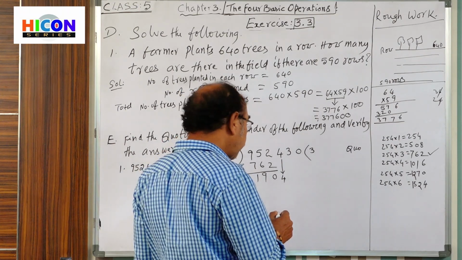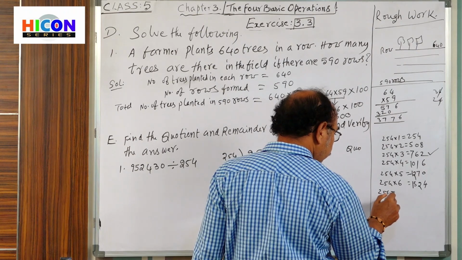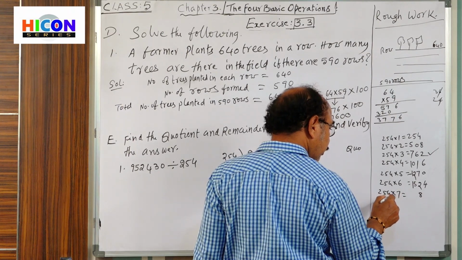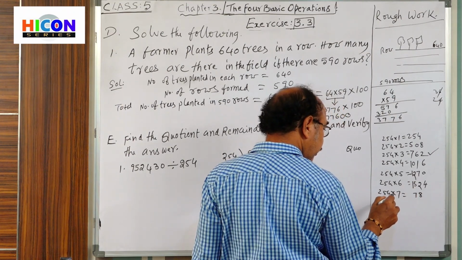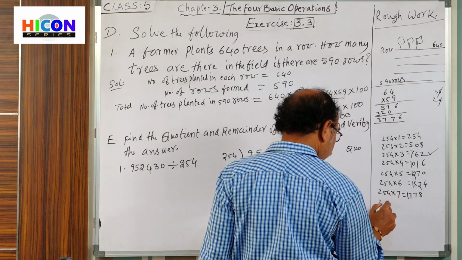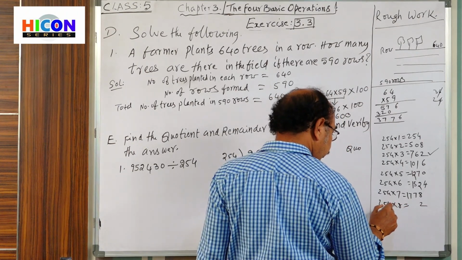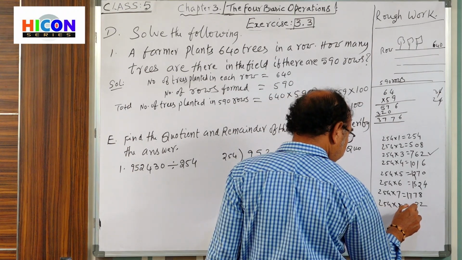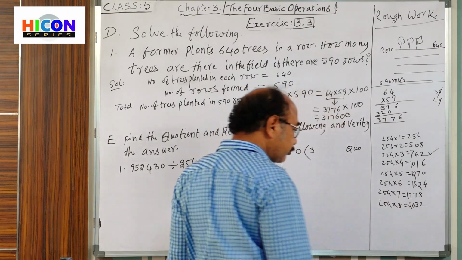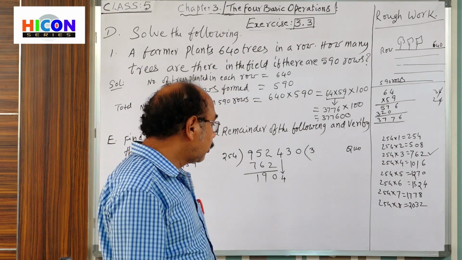To reach nearly this extent, 254 into 7: 7 fours are 28, 8 carry 2. 7 fives are 35 plus 2, 37, 7 carry 3. 7 twos are 14 plus 3, 17. So 1778. 254 into 8: 8 fours are 32, 2 carry 3. 8 fives are 40 plus 3, 43, 3 carry 4. 8 twos are 16 plus 4, 20. So 2032.